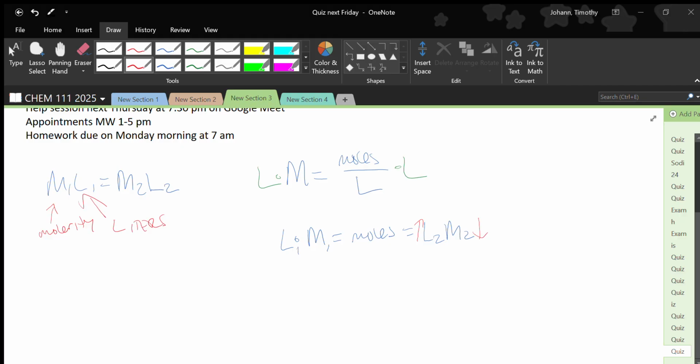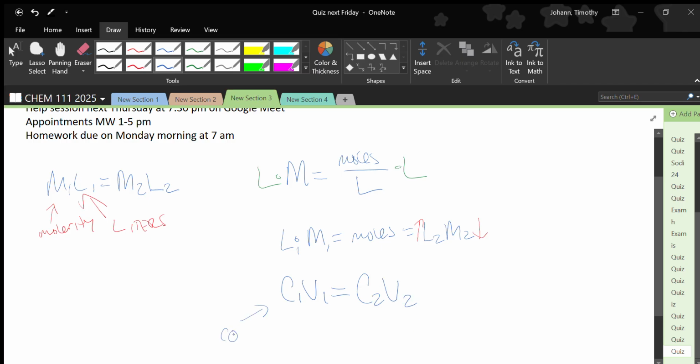We did this for molarity and moles, but this is a more general concept. As long as my units match, we can do this generally. So this is C1V1 equals C2V2, where C is concentration, and it can be concentration in any units.